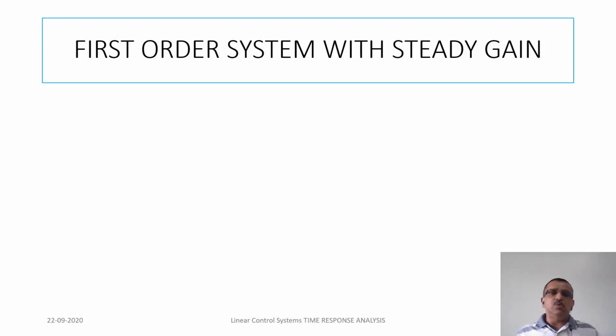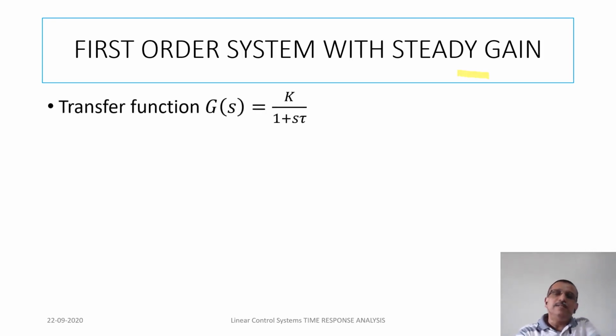So let us complete the characterization of the first order system. In general, a general first order system will have two parameters. It will have a steady state gain also. So then it's not represented by 1 by 1 plus sT, it is represented as K by 1 plus sT. So the response is just a scaling factor.